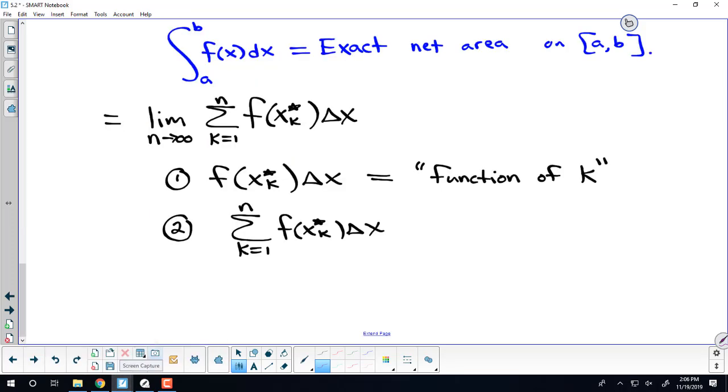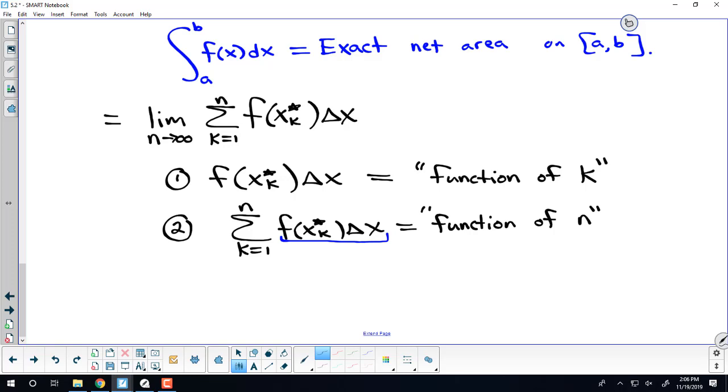So once we sum this f of x star sub k delta x, again, that piece right there alone is the function of k. When we sum that from 1 to n, the whole thing turns into a function of n. Does that make sense?